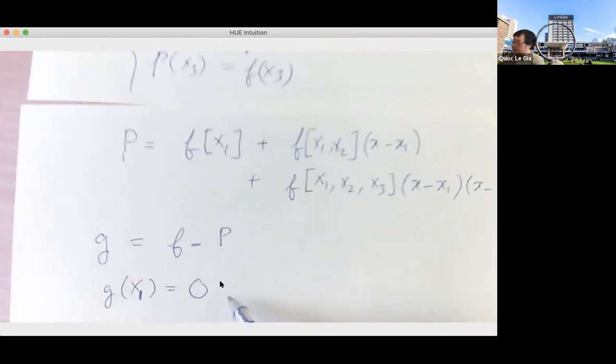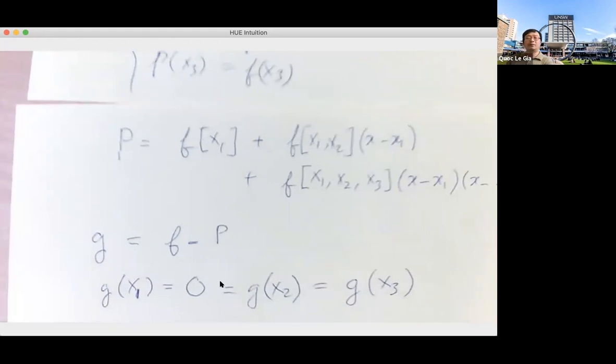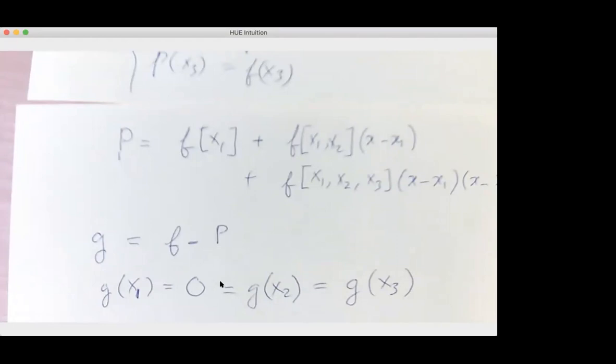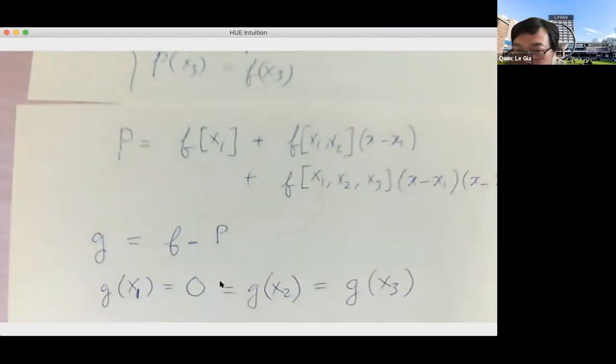And not only g(x1) equals 0, but g(x2) equals 0 as well, and g(x3) equals 0 as well. Why is that? Because p(x3) equals f(x3).